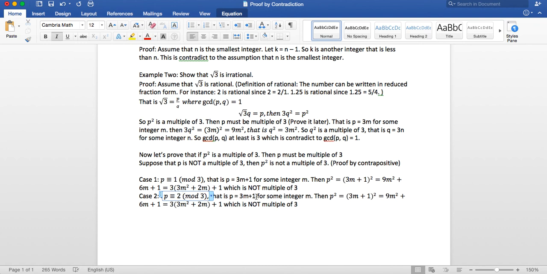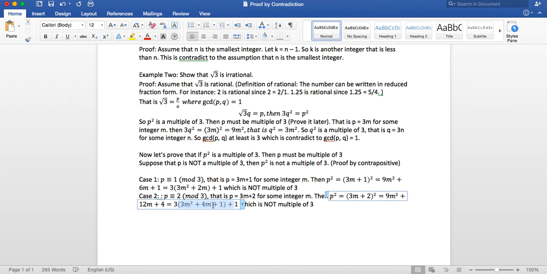Then your p will equal 3m plus 2, right? For some integer m. Then p squared is (3m plus 2) squared, which is 9m squared plus 12m plus 4. Okay? So then you take a 3 factor out, use 3 times (3m squared plus 4m plus 1), then plus 1.